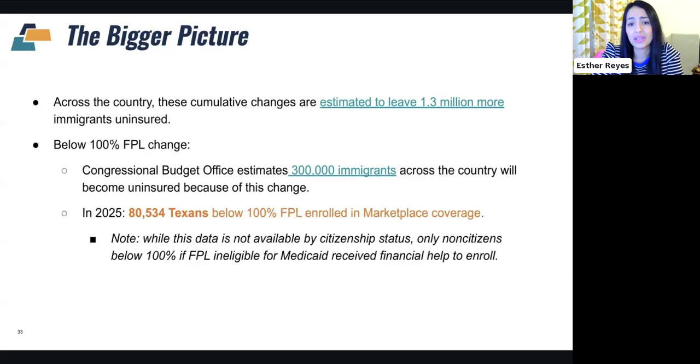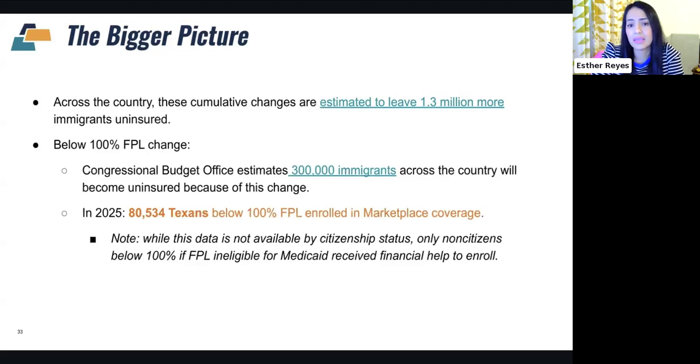Now, from the changes to low-income immigrants, we estimate that 300,000 will lose coverage and won't have another pathway for affordable health insurance. We don't have clear estimates for how many people this will impact in Texas, but the enrollment data from the last enrollment period show that more than 80,000 Texans who were below the federal poverty level were enrolled in marketplace coverage.